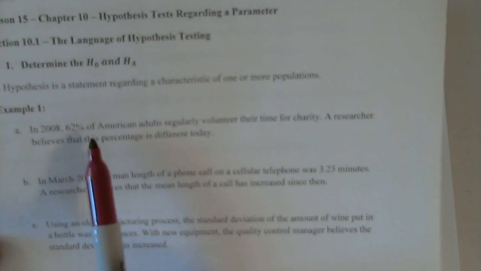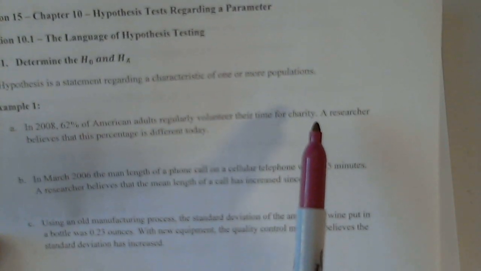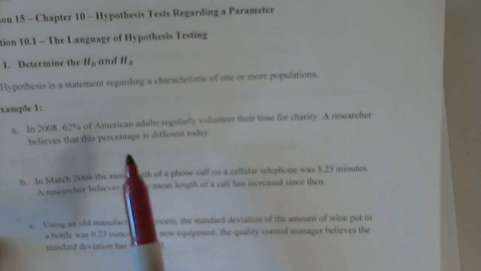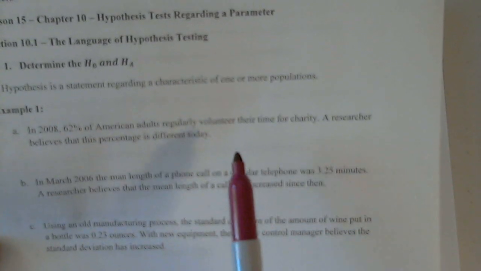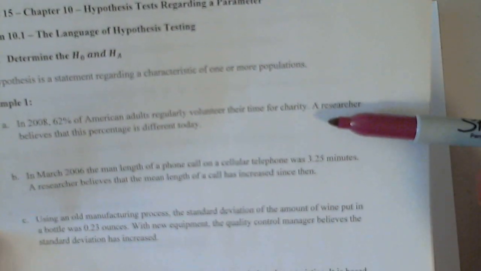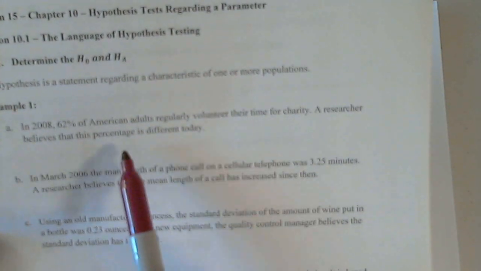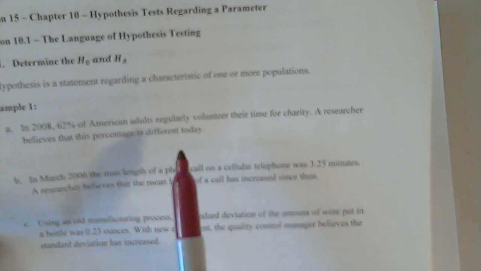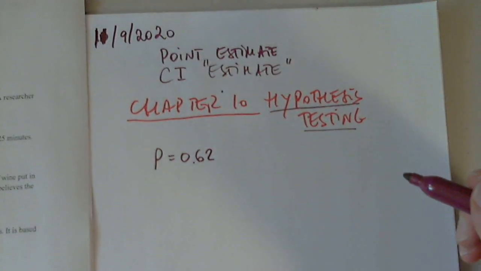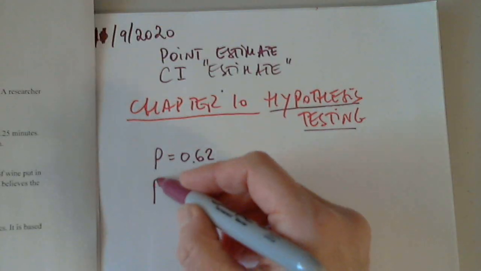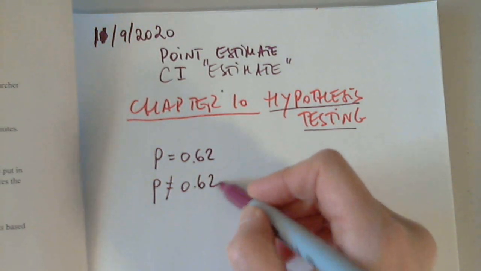So in 2008, 62% of American adults regularly volunteered their time for charity. A researcher believes that this percentage is different today. So this is a hypothesis. This is a claim. The claim is that the percentage is different today. So the percentage from the previous studies was 0.62. But this researcher says, no, I think that today is different.